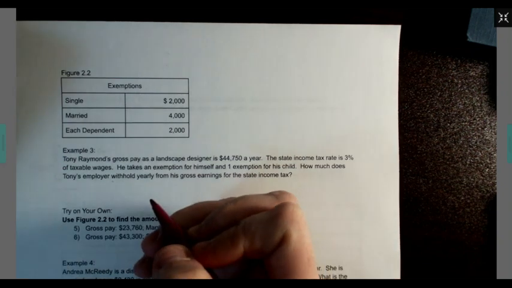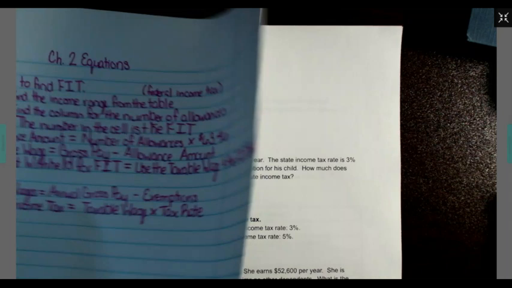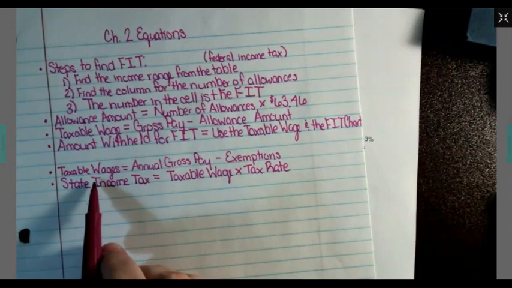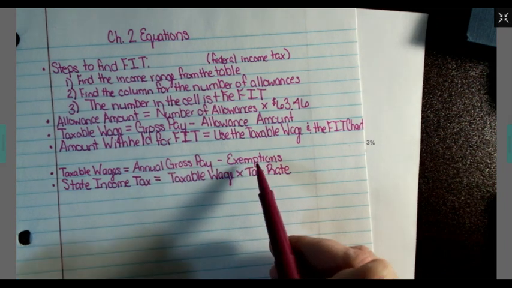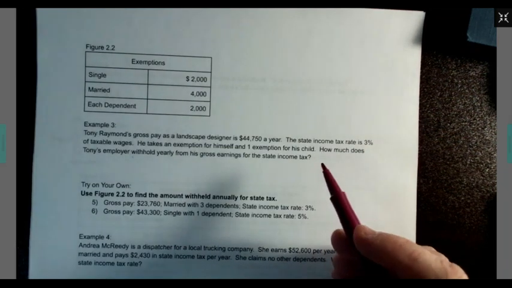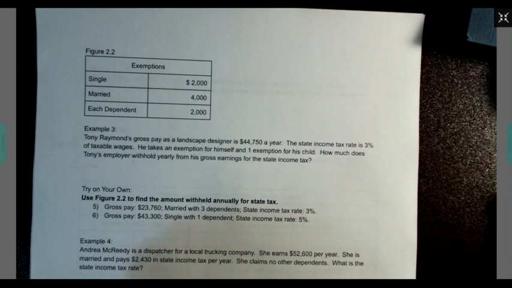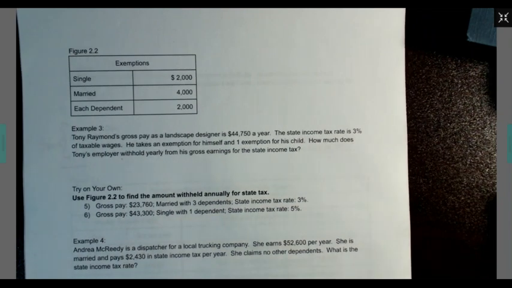All right. So we're going to start off by finding our taxable wage. That means we're going to take our annual gross pay and subtract our exemptions. Well, Tony takes an exemption for himself and an exemption for a child.